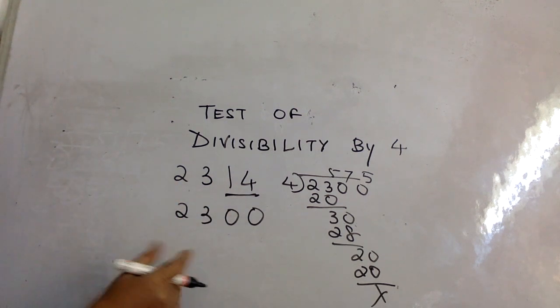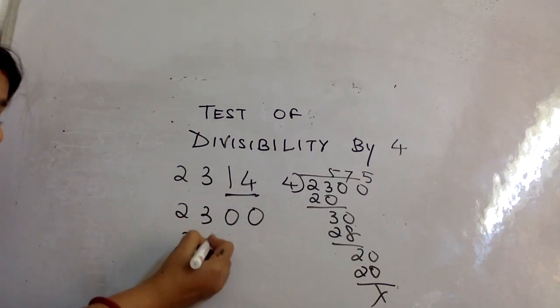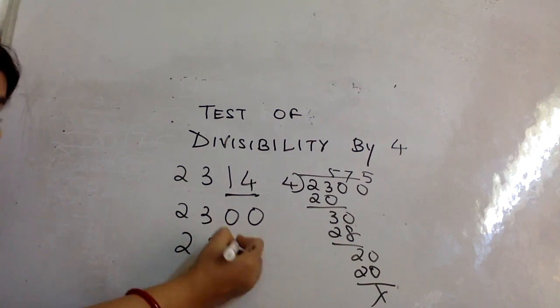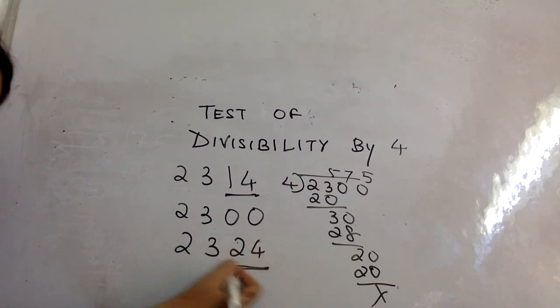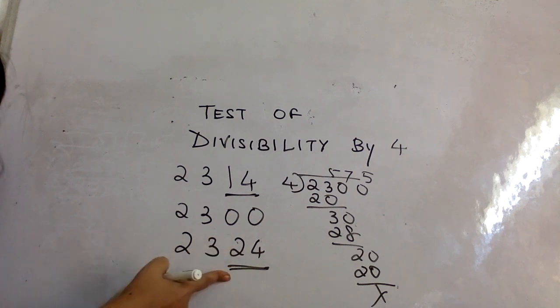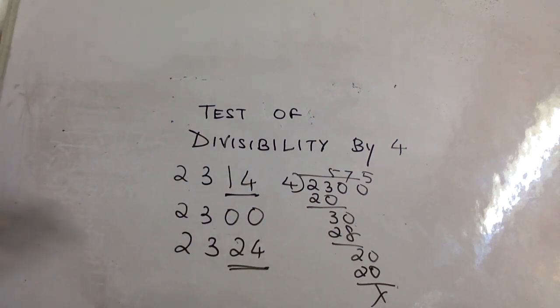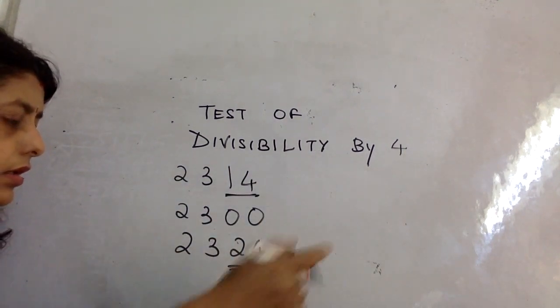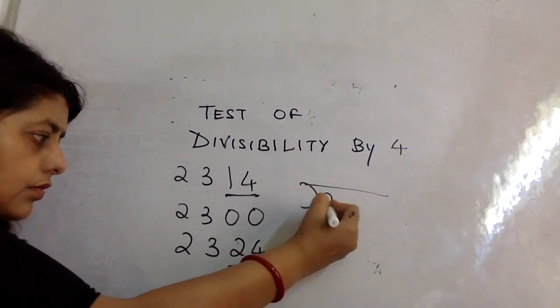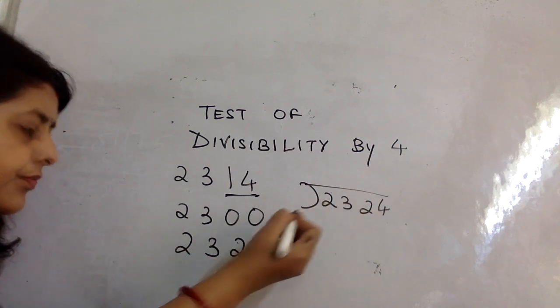Now, if the number formed by the last 2 digits is divisible by 4, this number will also be divisible by 4. We'll check that and see too. Okay, so let's check that. 2, 3, 2, 4.